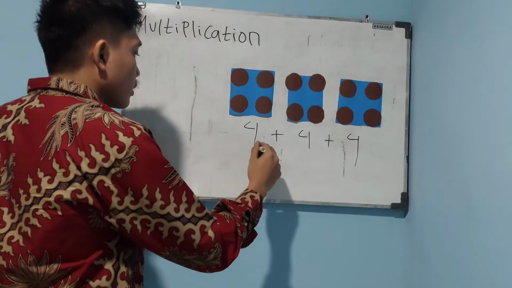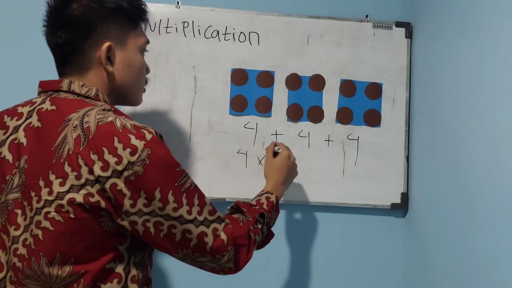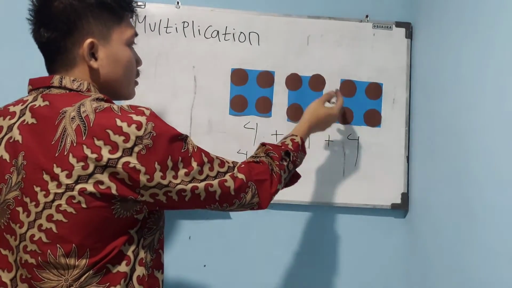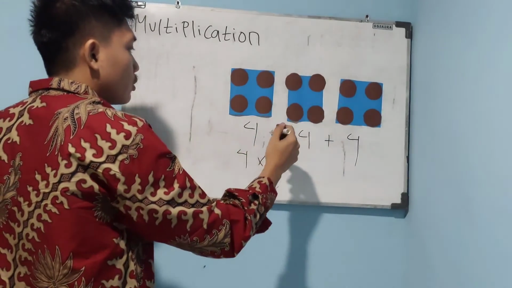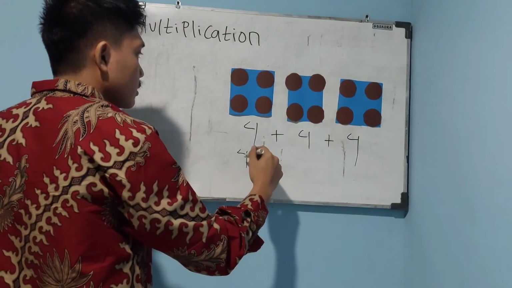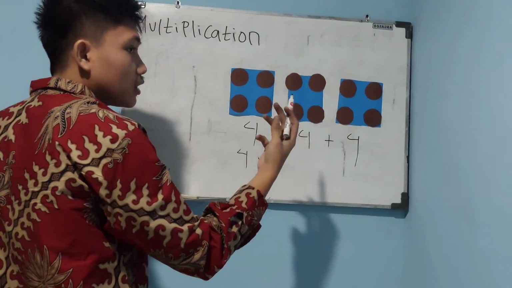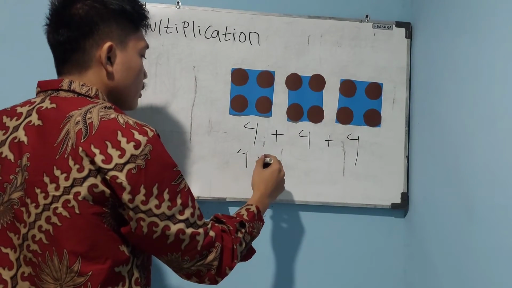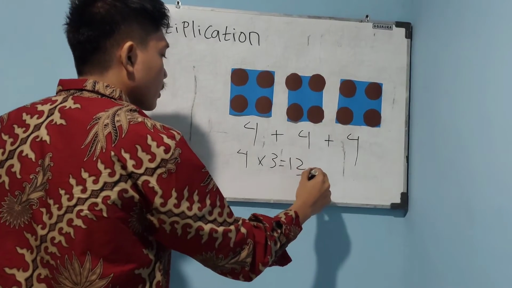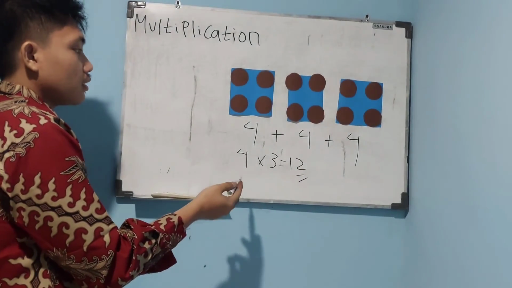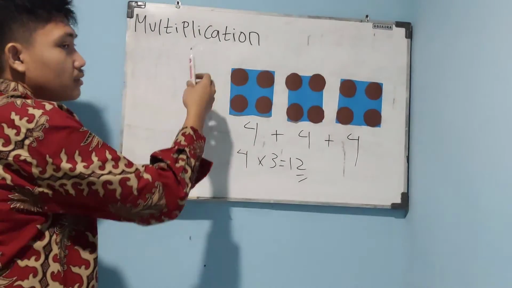There are 4 cookies and times 3 groups, right? 3 groups of cookies. So 4 times 3 equals 12, and it becomes repeated addition, or multiplication.